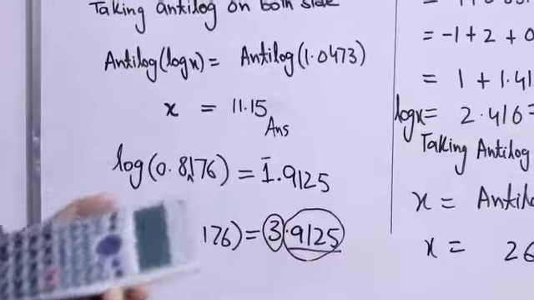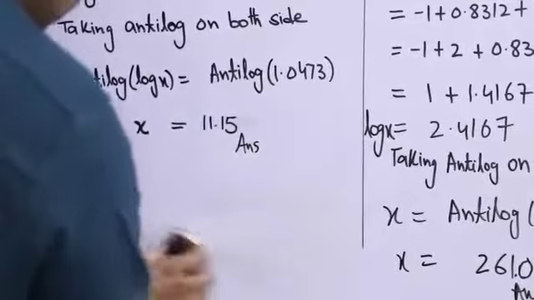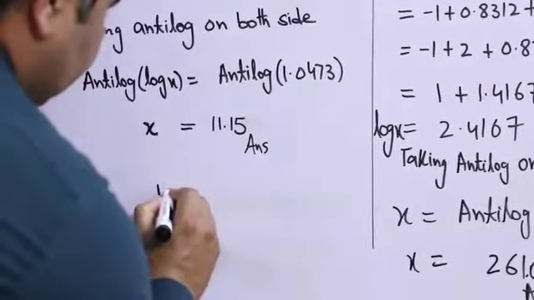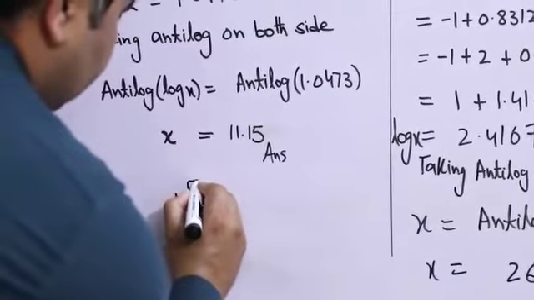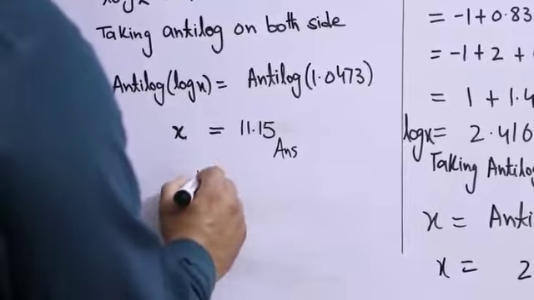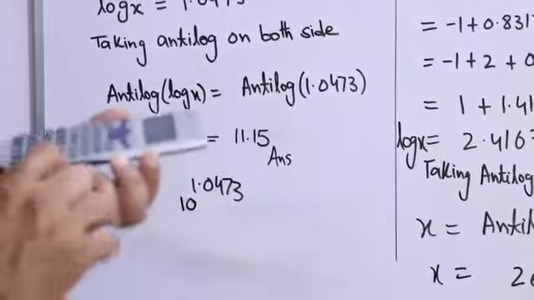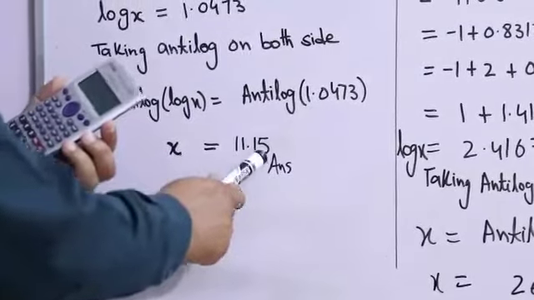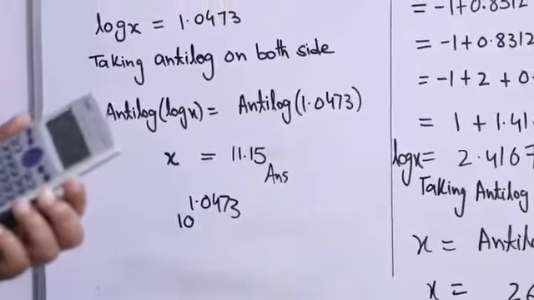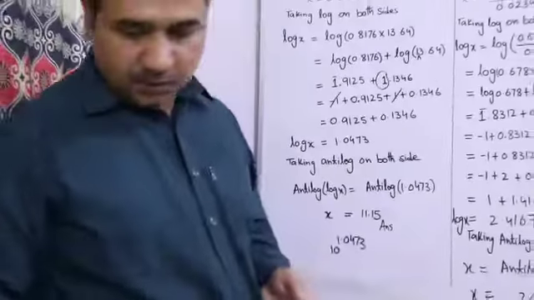When you press shift and then log, 10 to the power will appear, and there you have to write 1.0473. So we have 11.15. So x is equal to 11.15. So this was the first part. Now let's see how we can solve part 2.